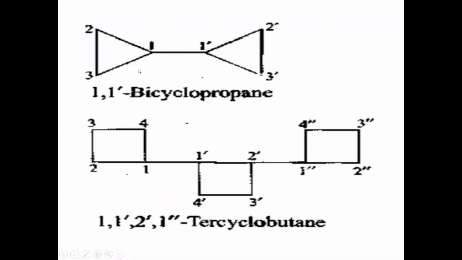Next concept. Here one cyclopropyl ring, and this one is another cyclopropyl ring. When 2 same hydrocarbon rings are joined with a single bond, a sigma bond, numbers 1, 2, 3 are given in one ring. In the other ring we have given 1 dash, 2 dash, 3 dash.